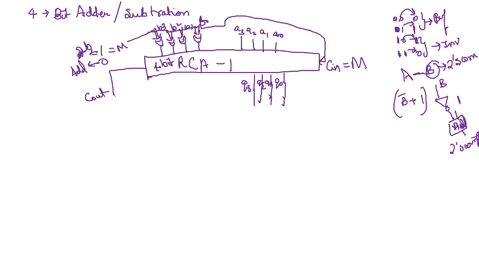Yes, madam. Now when my C out is equal to 0, I have to take the output's 2's complement, because the result will be negative. This we have seen before.